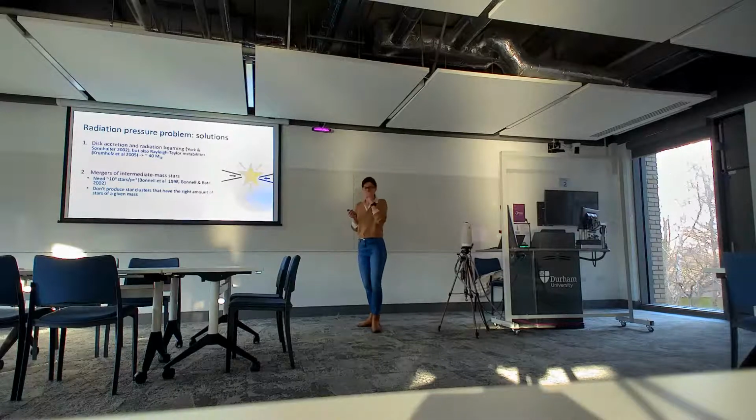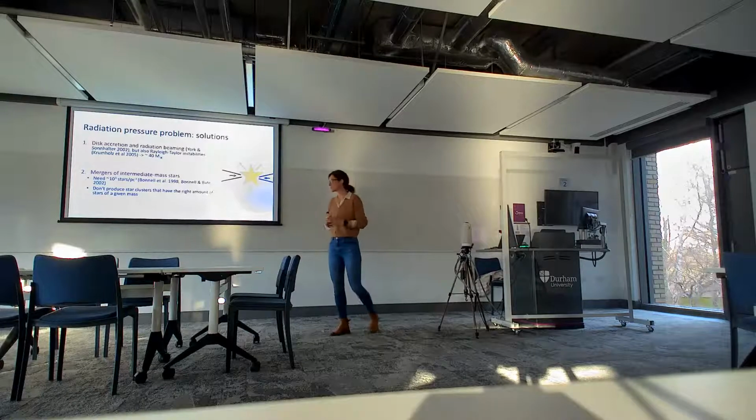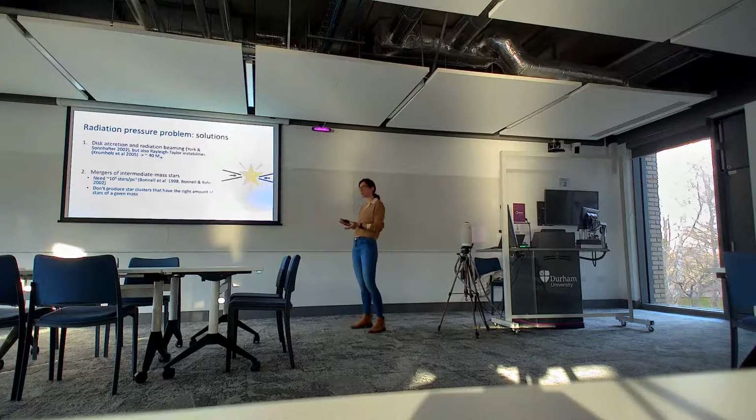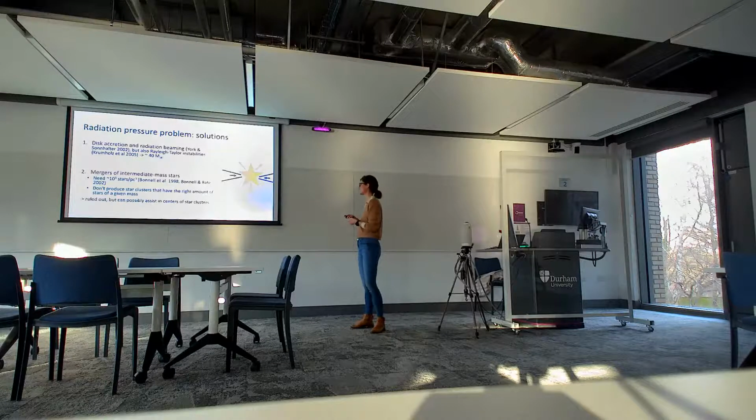Also, if you form massive stars via stellar collisions, then the ultimate star cluster that has formed from a molecular cloud will actually not have the right amount of massive stars. It's going to have more massive stars than what we observe to be typically true for star clusters. Okay? So we can rule the second solution out.